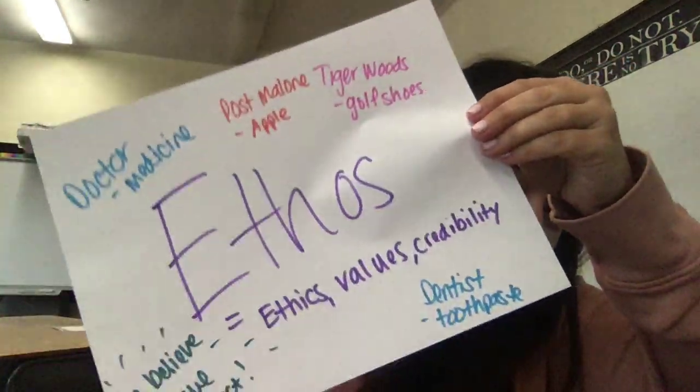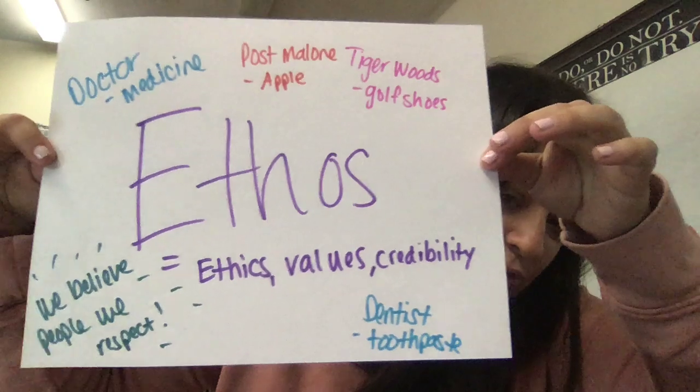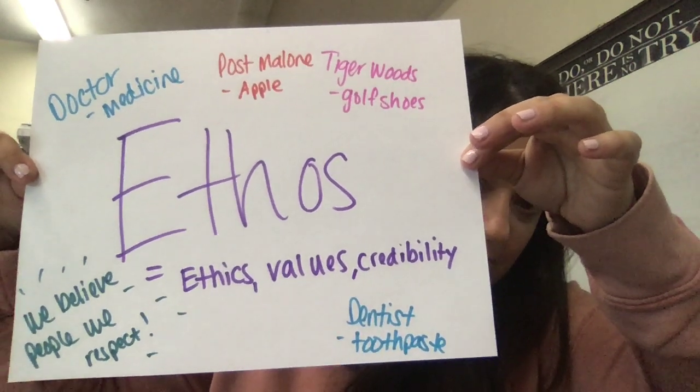The ethos strategy appeals to our ethics, values, and credibility. When we see an ad, we want to know that the person who is in the advertisement is actually using it and that makes sense. For instance, if we saw a very pale person and they were marketing a tanning lotion, it probably wouldn't make any sense because they're not tan.